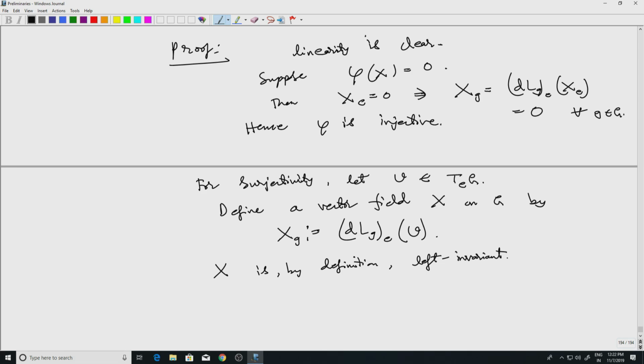But what is missing is that I said define a vector field x. According to our definition of a vector field, it should be a smooth assignment. Here I have just given an assignment which is left invariant. Smoothness of x is not immediately clear, because the problem is that we are varying with respect to the point g. As g varies, these left translation maps also change, and of course the derivatives change and so on.